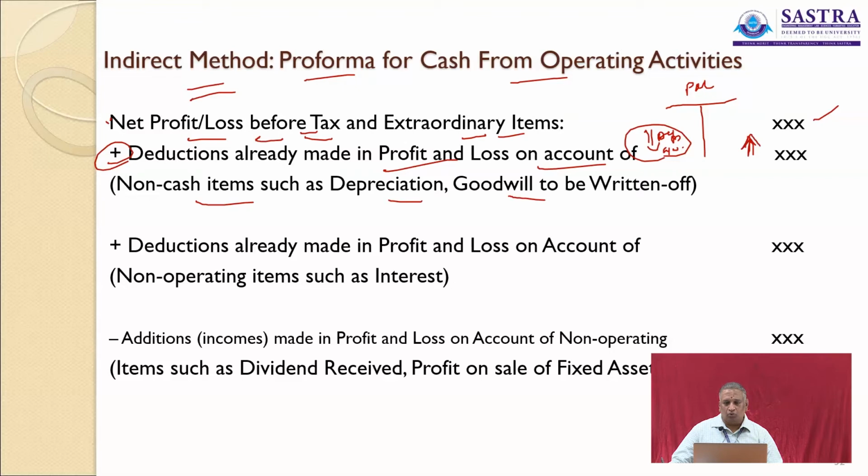So in the income statement, you have already deducted or debited it. When you debit it against gross profit, your net profit declines. So it should be added back. And deductions already made in the profit and loss account on account of non-operating items.